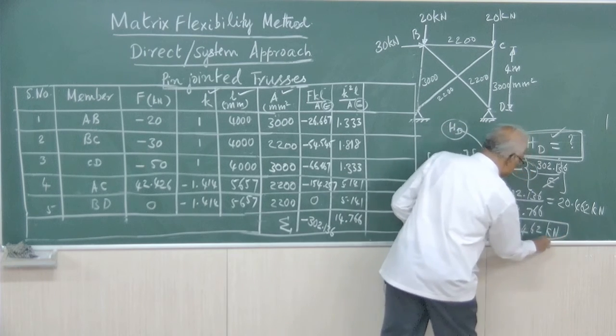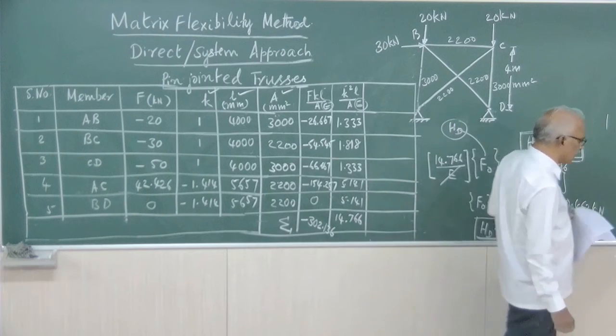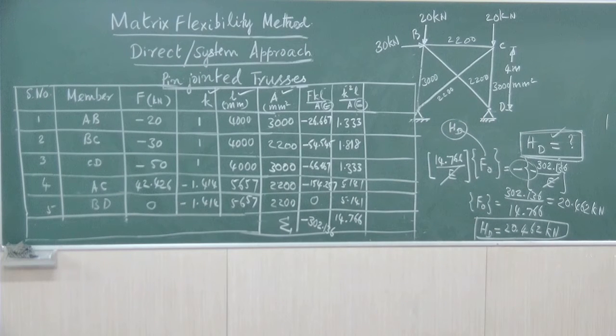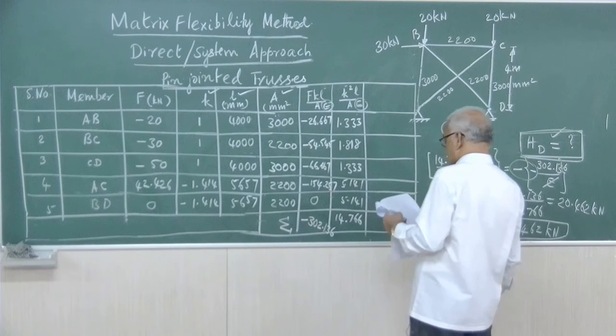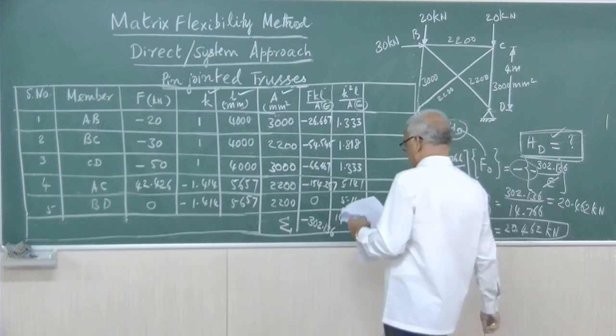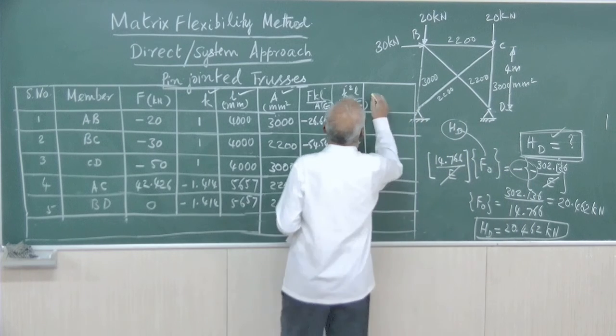Our problem will be over with this, but still sometimes they will ask for the final forces. The final force is equal to F plus K F naught, P equal to F plus K into F naught, so many kilonewtons.